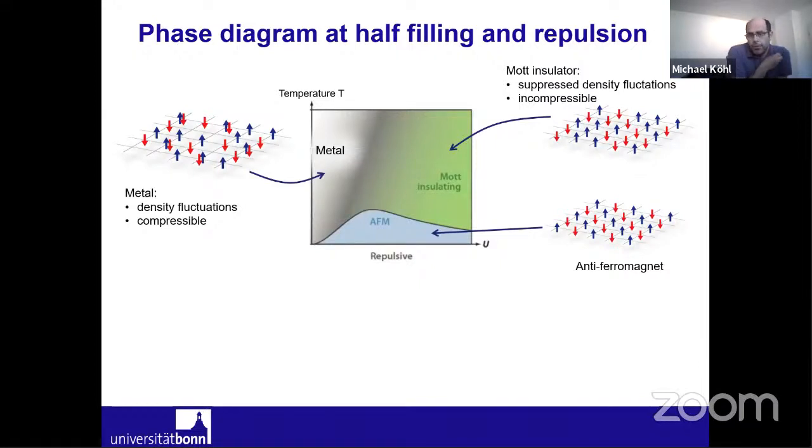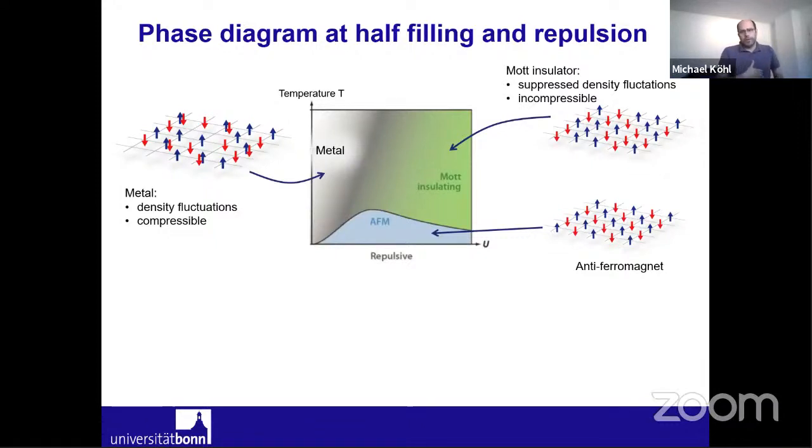Now, in this state, which is called the Mott insulator, the density fluctuations are suppressed, and the state is incompressible because there are no empty spaces where particles could move to when I apply gentle confinement to the system. So that is a classic form of an insulator that is induced by interactions rather than by filling up the Bloch bands. And this crossover between metal and insulator, that is what happens at relatively high temperatures.